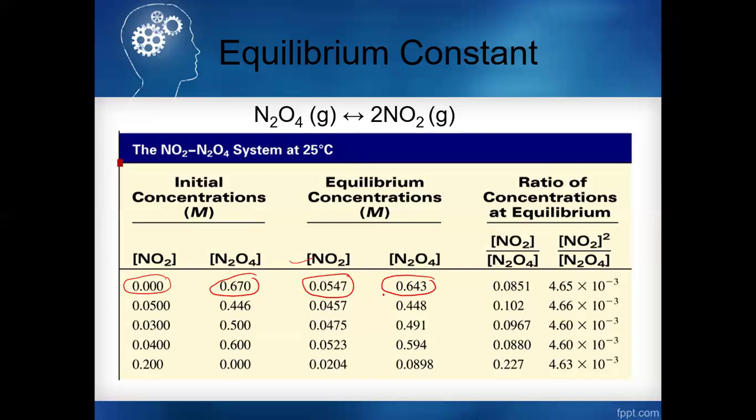That means the rate at which the reactant is forming a product is the same as the rate at which the products are forming back the reactants. So the concentration will never change at all. The concentration will remain at this point over here. But if you disturb this equilibrium, obviously the concentrations will change, but you will see how.